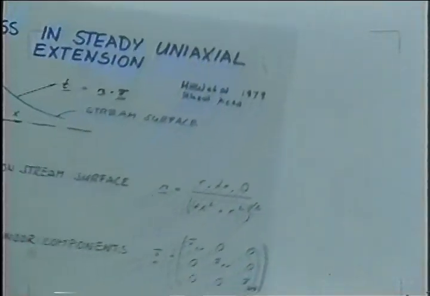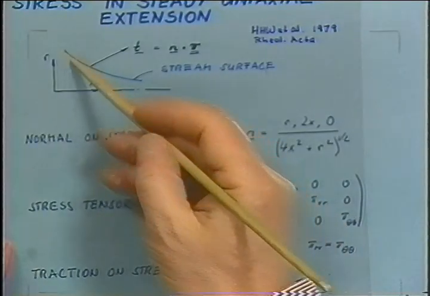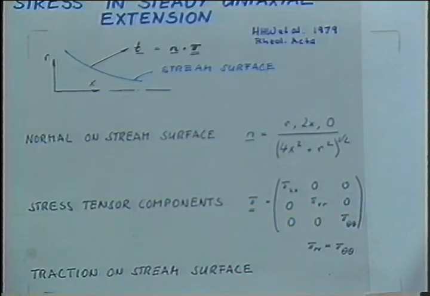Okay? Now, on a curved surface like that, we would like to know what's the stress. And the best thing we can do in the experiment is really lubricating the surface. That would mean we take off the shear stress and just have a normal stress on that surface. And the question is, is that admissible? Is that desirable? Now look at this.